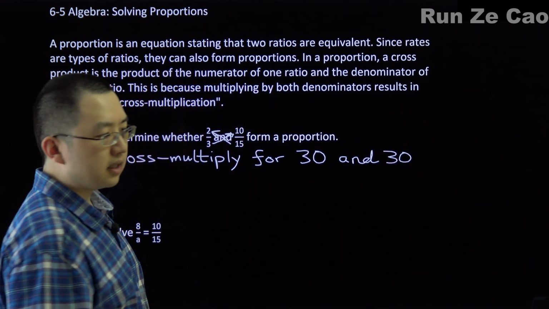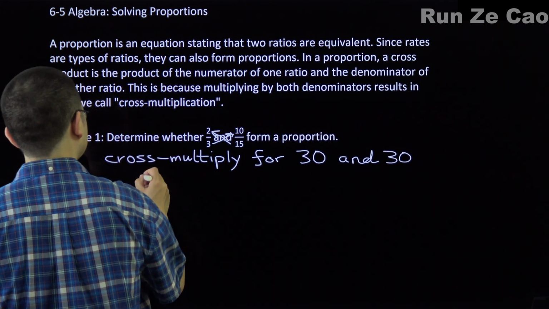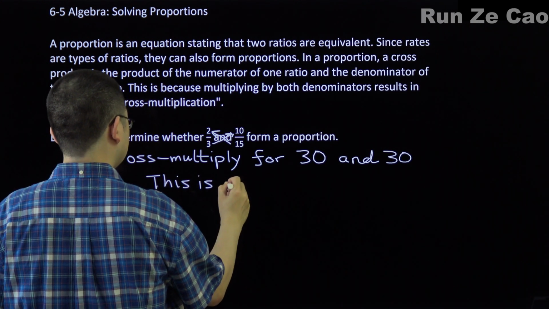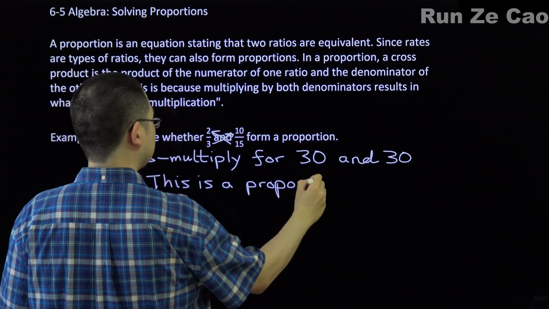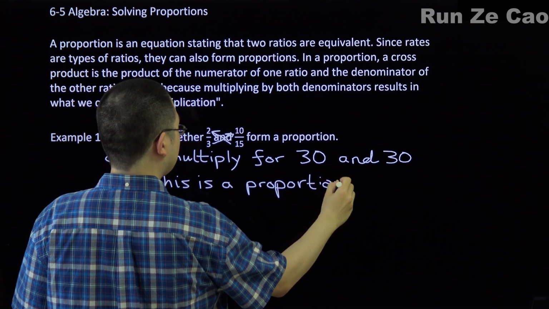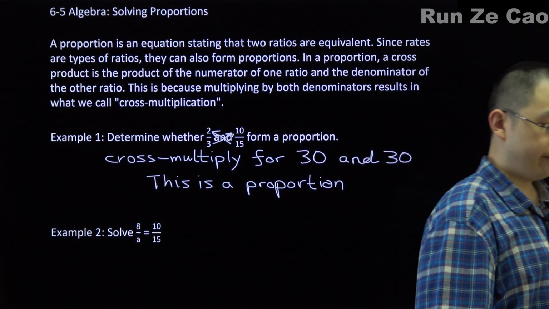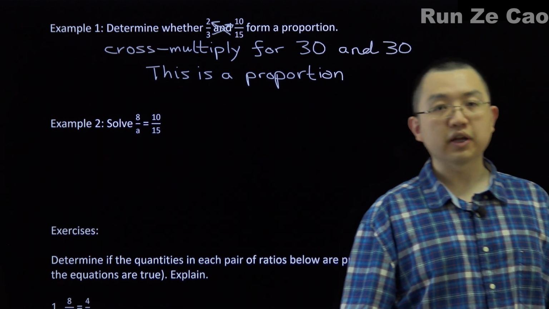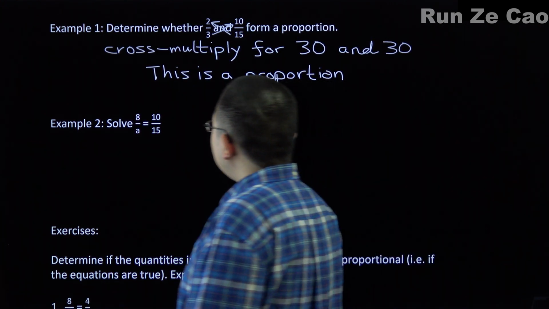We see that the numbers match up, which means that this is a proportion. Or these are proportionate. Like these two fractions. They're the same ratio. They're equivalent ratios.